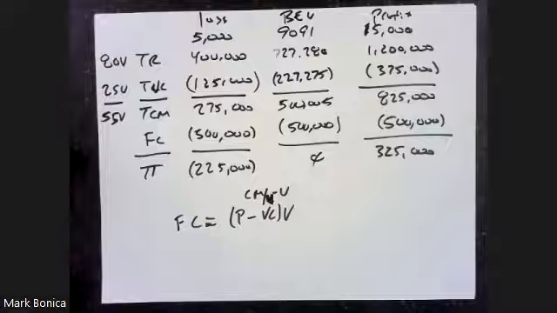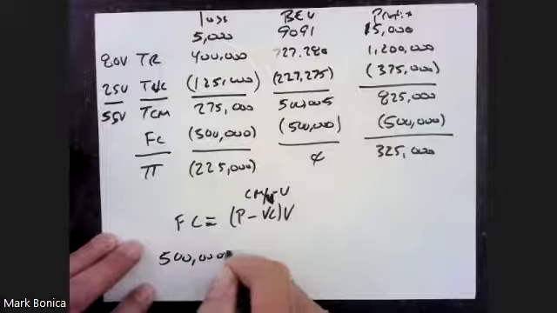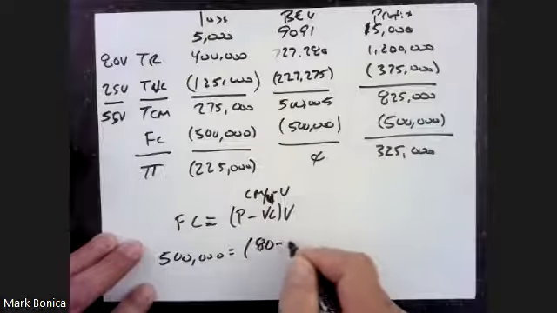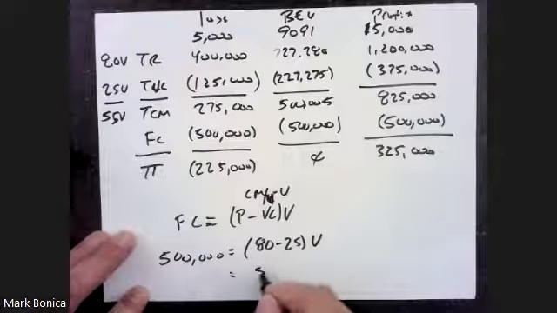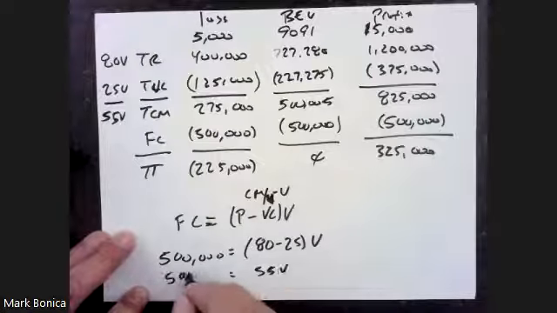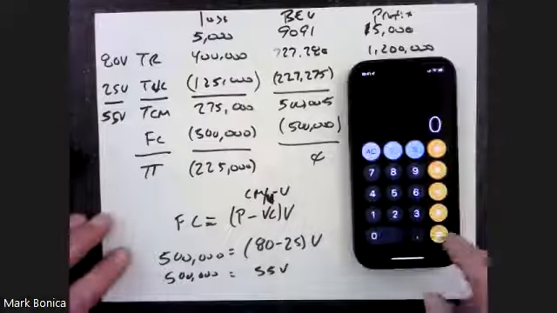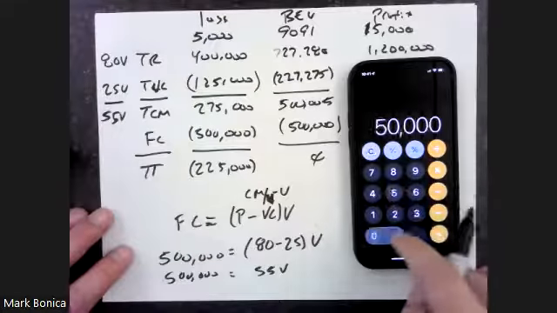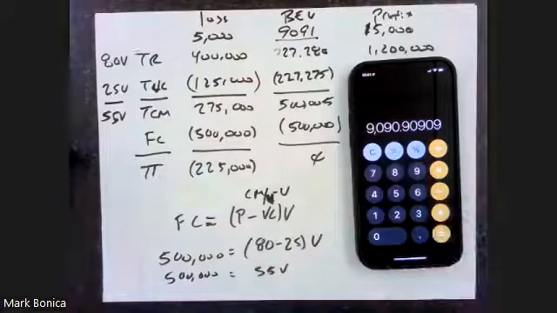Let's test that. If 500,000 equals 80 minus 25 times V, well, that's 55V equals 500,000. And we're back to where we got to with our initial solution. So 500,000 divided by 55 gives us our 9091.